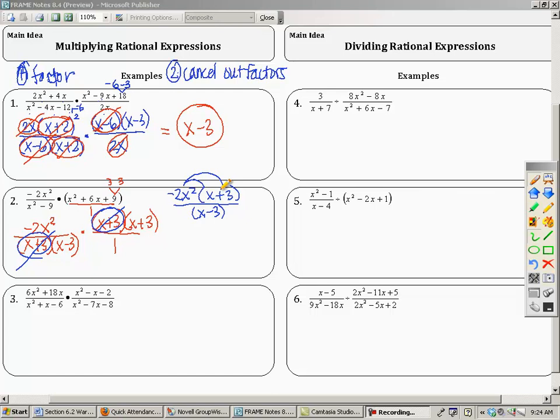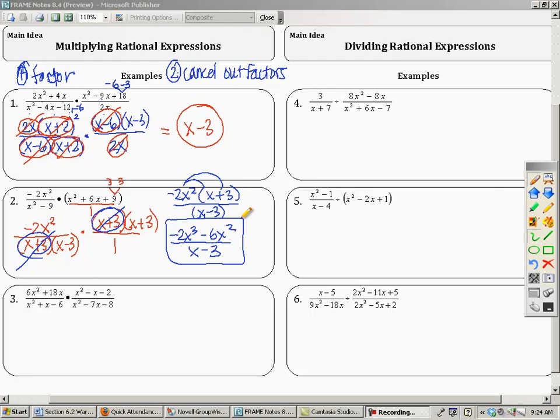So as I look at this, let's simplify. Negative 2x squared times x is negative 2x cubed. Negative 2x squared times 3 is negative 6x squared, all divided by an x minus 3. And so leave your answer here. There are going to be times when I can say just leave it in factored form. As of right now, let's practice getting it back out there since nothing else can cancel.